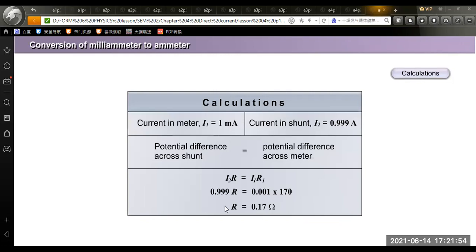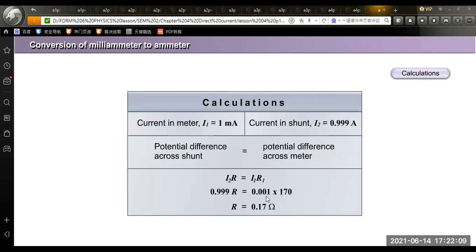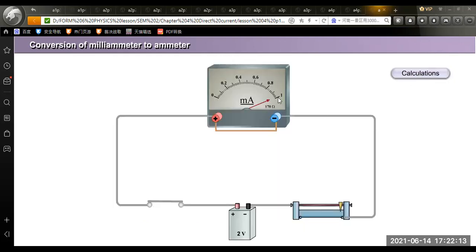So I2 times R equals I1 times R1. I1, the maximum, is 1 milliampere times 170 ohm. The resistance of the milliammeter gives the voltage across the milliammeter, and this equals the voltage across the shunt.